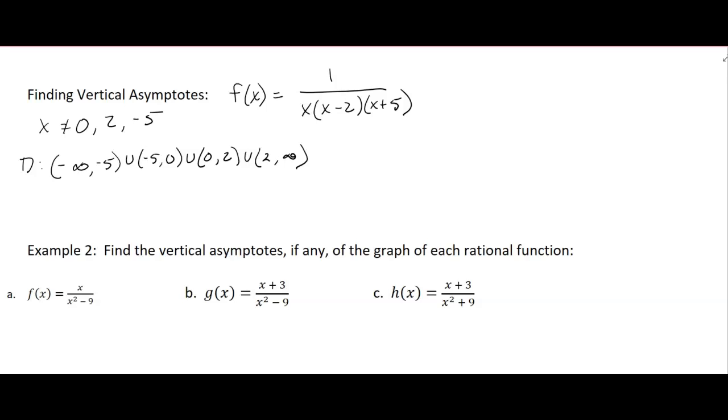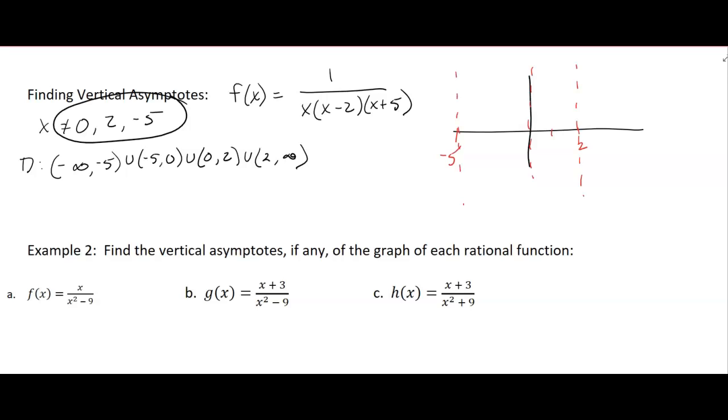Okay, I don't know why I wrote the domain out, but this is all we really need to know. It means there's going to be a vertical asymptote there'll be one at 0, there'll be one at 2, and there'll be one at -5.